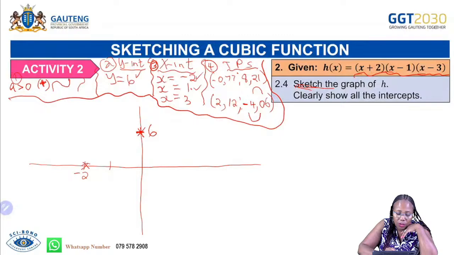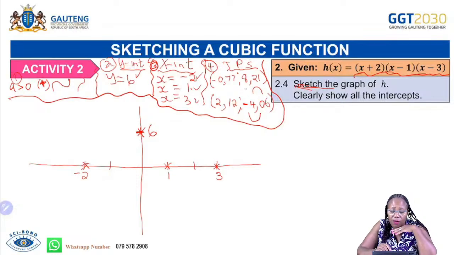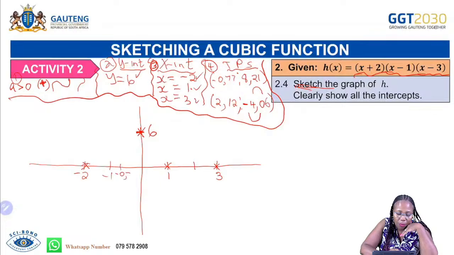You have x equal to 1 as your x-intercept, and x equal to 3 as your x-intercept there. Now let's address the turning point. Minus 0,77 is before minus 1. This is a pair, they go together: minus 0,77 and 8,21. Where they meet, we have a point there.